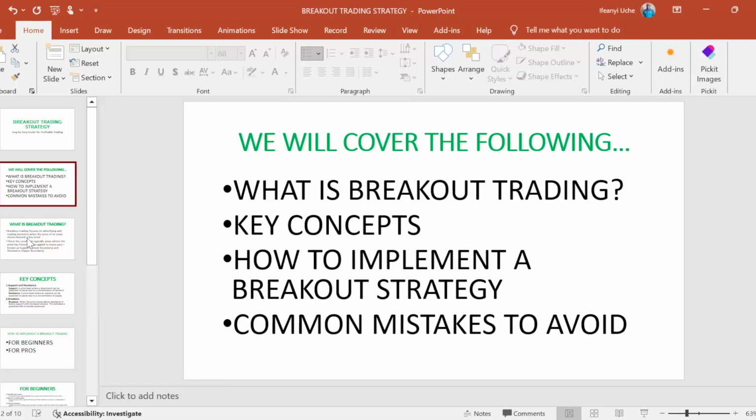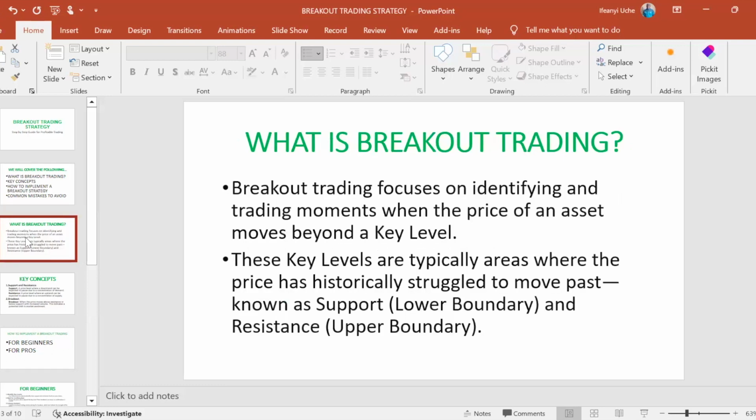Theoretically speaking, breakout trading focuses on identifying trading moments when prices of financial instruments move beyond a key level. Now, what are key levels? Key levels are any price level in the market where price encounters a barrier; in common man's language, a hindrance.